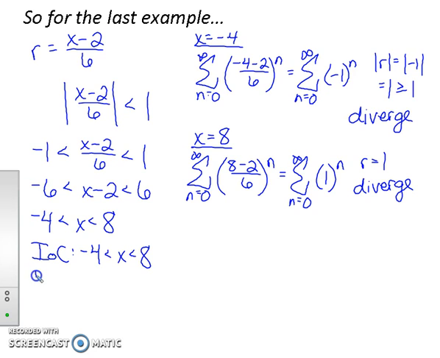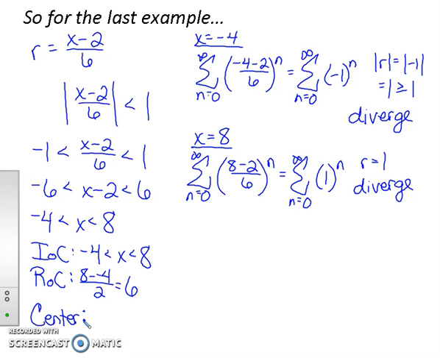The radius of convergence then, if you remember, we do end minus beginning divided by 2. So the radius of that convergence is 6. And if you wanted to know the center of convergence, it would be the middle of 8 and -4. So you could add them and divide by 2, but you could also go back and look at the structure of the expression.